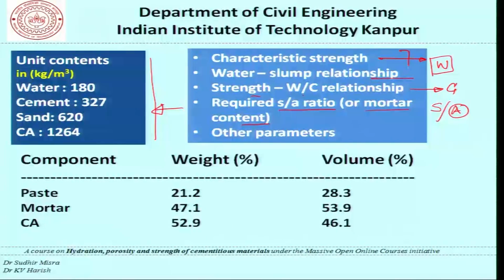Of course, all this assumes that we know how much is the air content that we need to keep in our concrete, depending on whether we are having air entrained concrete or non-air entrained concrete and so on.